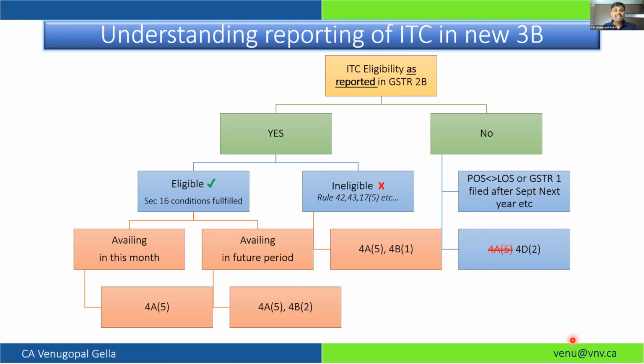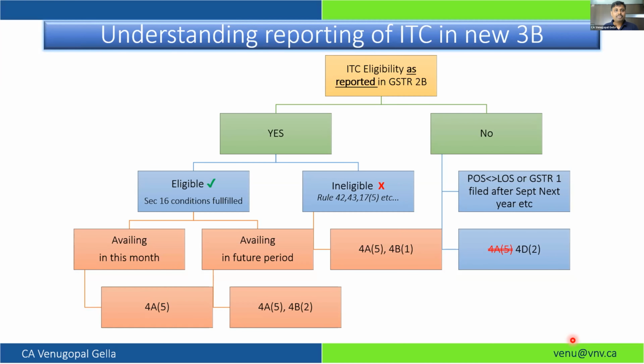In fact, the DGARM, the analytics risk wing of the department, has identified issues on 90 lakh GST returns. Imagine, out of 1.4 crores, 90 lakh returns have some mistakes or other, and they have shared the information with various commissioners asking them to take action. So the notice which you are going to get today is system driven.